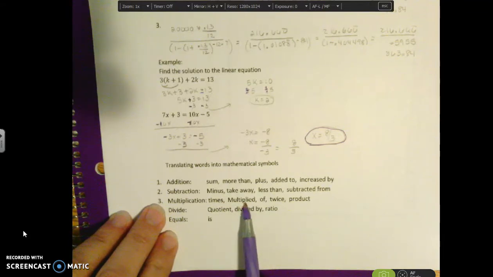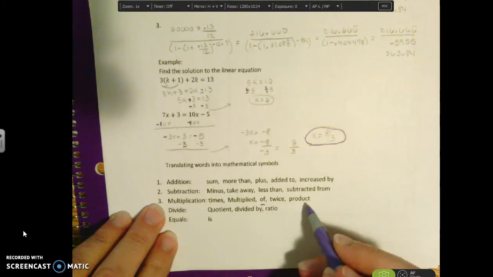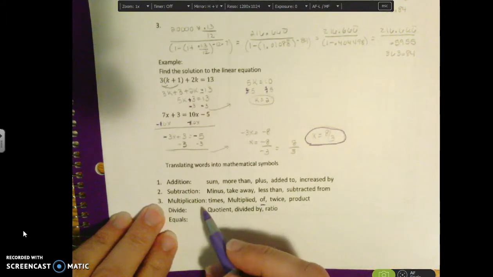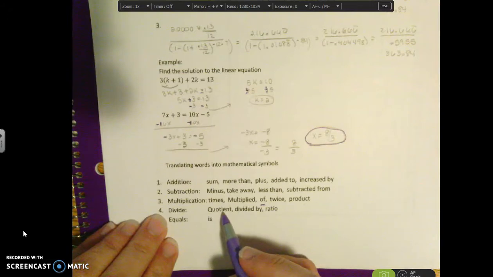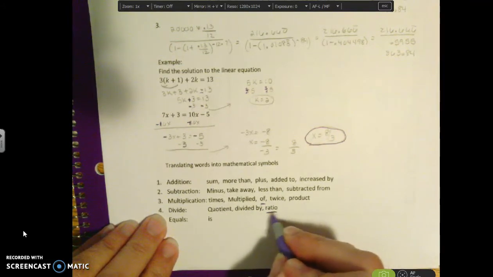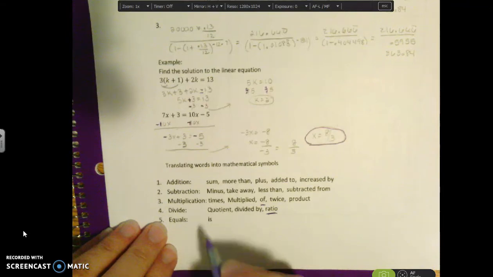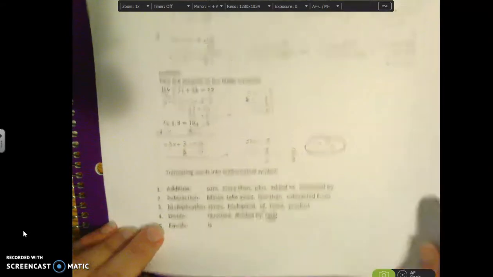Times, multiplied by, of is a very important one. Of, twice, product, those all mean multiply. Divide would be quotient, divided by, or ratio. Very, very important to remember that. Ratios are dividing. And anytime you see the word is, that means equals. So these are some things that we're going to be dealing with as the time goes along.